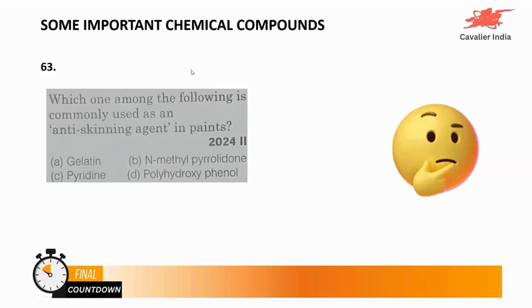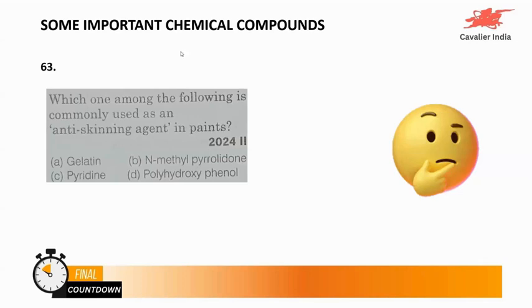That is called an anti-skinning agent. That is, additives that prevent what? A hard skin or dried layer from forming on the top of liquid paint inside a container in which the paint is taken. For avoiding this, we are adding anti-skinning agent. And which is the one which is commonly used?